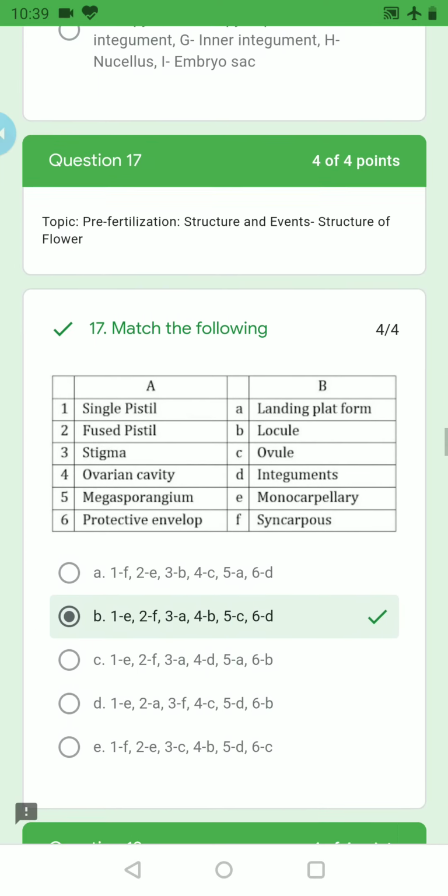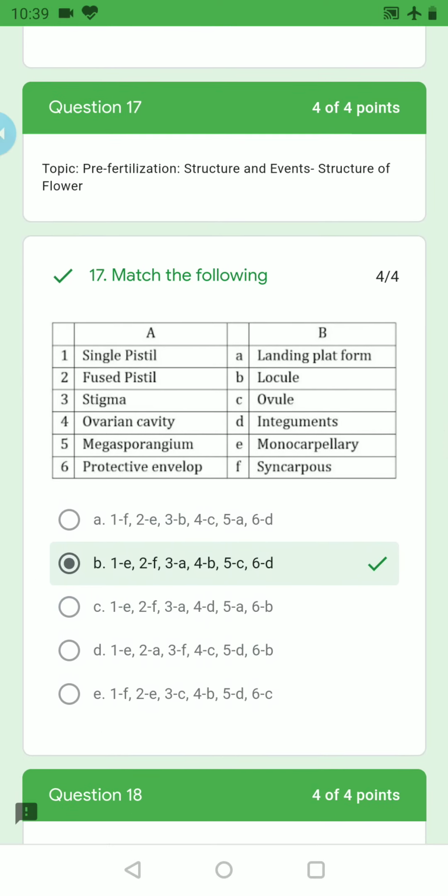Next question. In this match-the-following question, what is it related to? The A side and the B side.